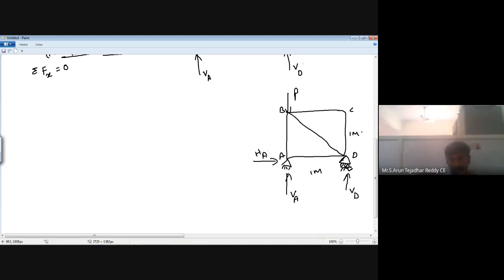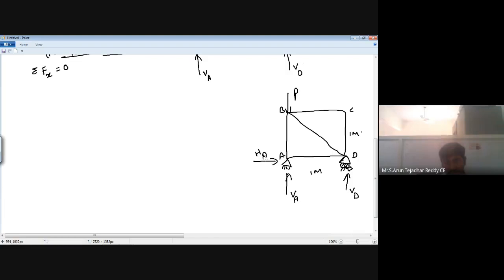Yes, our first point is summation of all horizontal forces is equal to 0. In this diagram, observe how many horizontal forces are acting here and what they are. If you see clearly, only one horizontal force is acting here, that is HA.